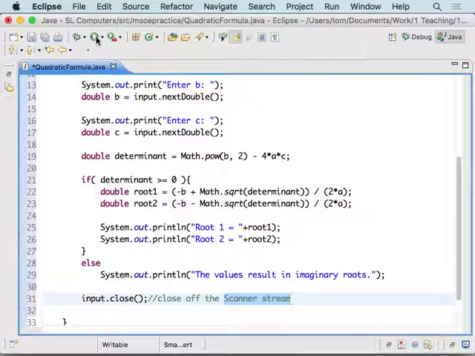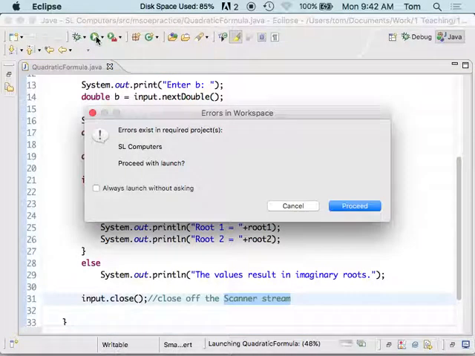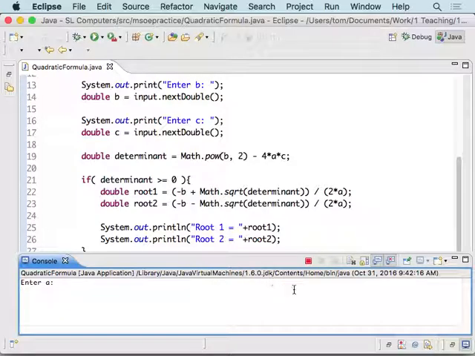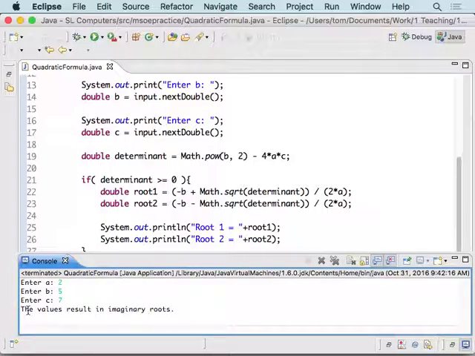And if we run this thing, so it's easy to come up with values that result in imaginary results. So like 2, 5, 7 should be imaginary. So the values result in imaginary results. Okay? If I make this a negative 2, then I should get actual roots. Okay?